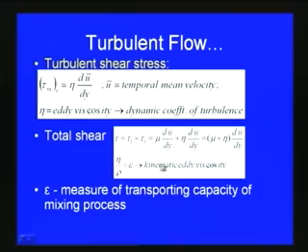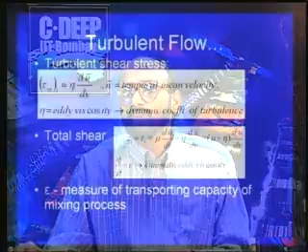This kinematic eddy viscosity epsilon is a measure of the transporting capacity of the mixing process. As we have seen in earlier slides, a lot of mixing takes place in turbulence, and due to the turbulence and mixing process, transport takes place. Epsilon is a measure of the transporting capacity of the mixing process.